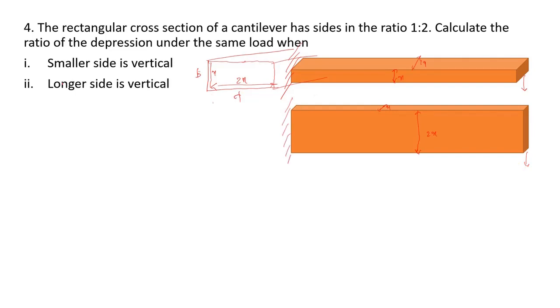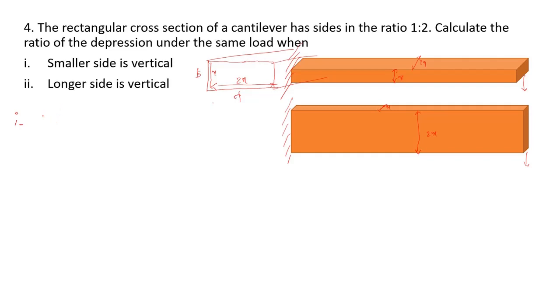So this is the question. What is the depression when the smaller side is vertical? Let's solve the first case, when the smaller side is vertical.